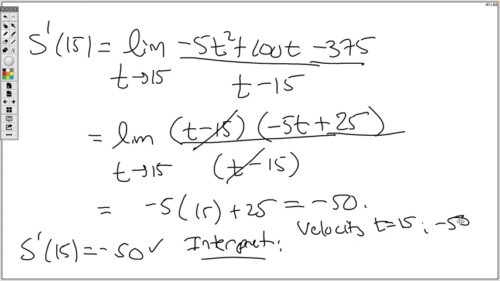So 15 is 15 what? Seconds after liftoff. So 15 seconds after liftoff, what's going on with this rocket? Is it heading up or heading down? It's heading down because the velocity is what kind of number? Negative. It's heading down at what rate? 50 feet per second. You follow?